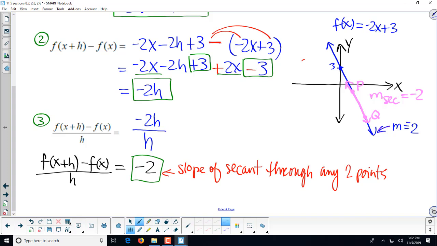So if your function's linear, then the average rate of change or slope of the secant line is always the slope of the function. Isn't slope a rate of change? Now, is it always going to be a number? No. It's going to be dependent upon x and that distance h. So our difference quotient could involve x's and h's as well. Okay? Questions?